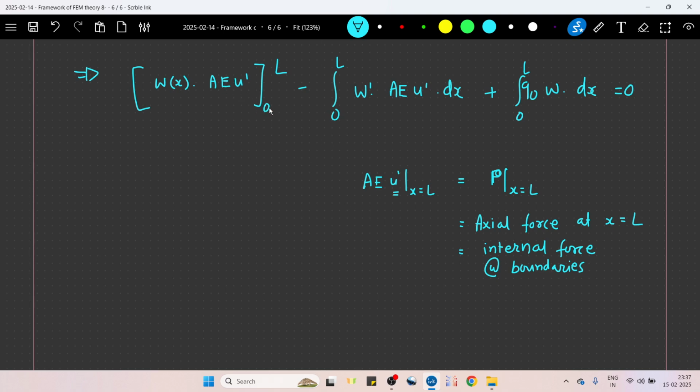And we'll put the other limit too: AE u dash at x equal to 0 is equal to P at x equal to 0, which we'll denote as P0, and this is PL.